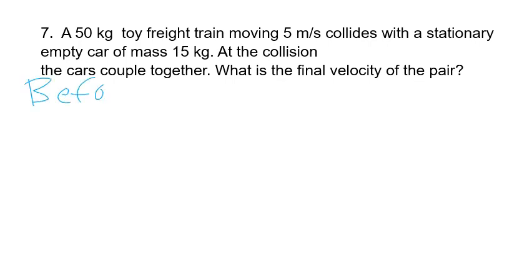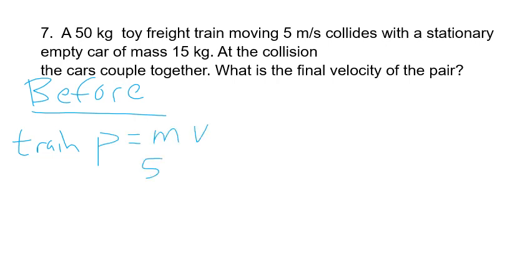So let's do the before part. Okay. The train's momentum is its mass times its velocity. It has a mass of 50. It has a velocity of 5. So its momentum is 250.